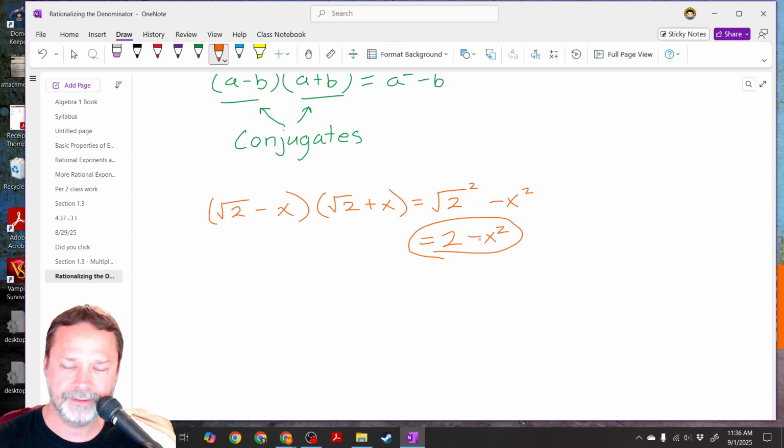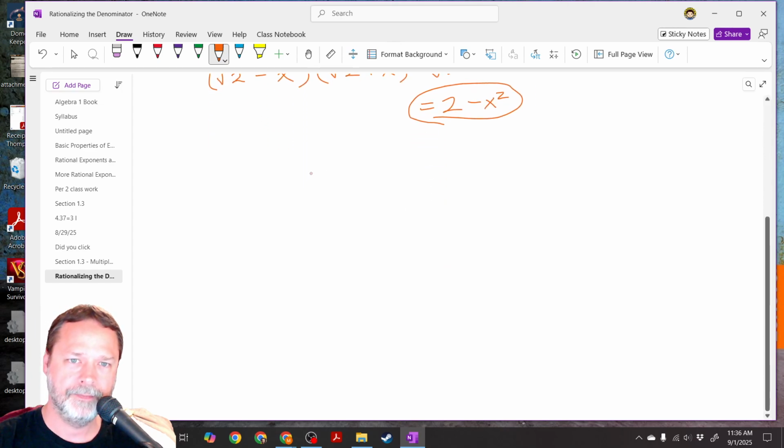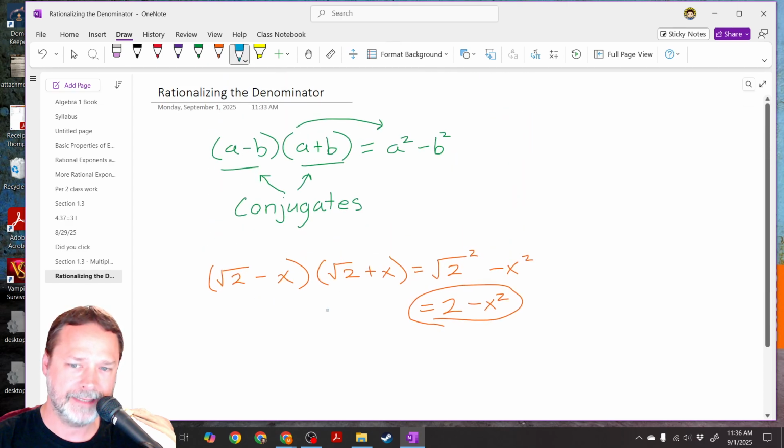We already know this. So rather than show all the steps, when we're multiplying conjugates, we know we can go straight to this result. If you're not sure, test it out yourself and see what you get. The last video I posted did exactly this kind of multiplication.